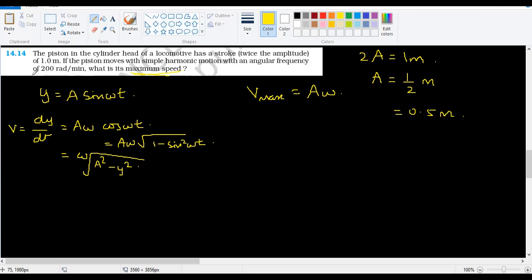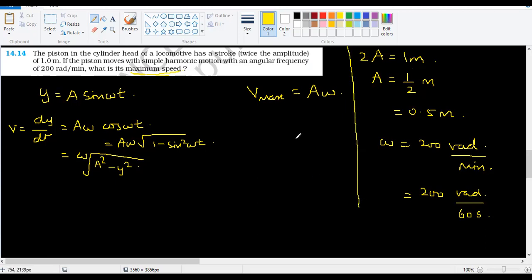Omega is, they said angular frequency is 200 radians per minute. If I want it in SI units, 1 minute is equal to 60 seconds. So that means amplitude is 0.5, which is 1 by 2. Omega is 200 by 60.